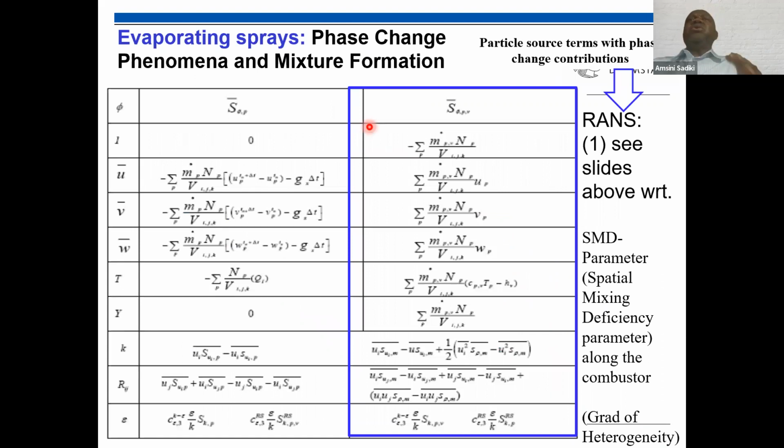Let's now go to spray. For that, we need source terms, which include the phase change contribution. Yesterday, we have seen how we obtain this term. So we will have this term plus an additional contribution due to evaporation of the particle.